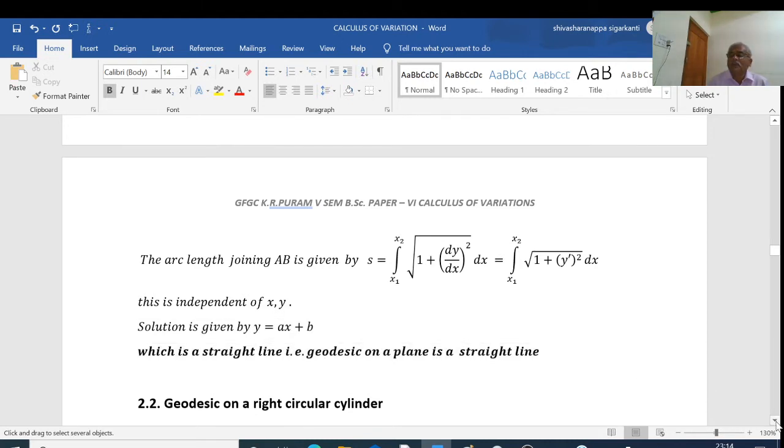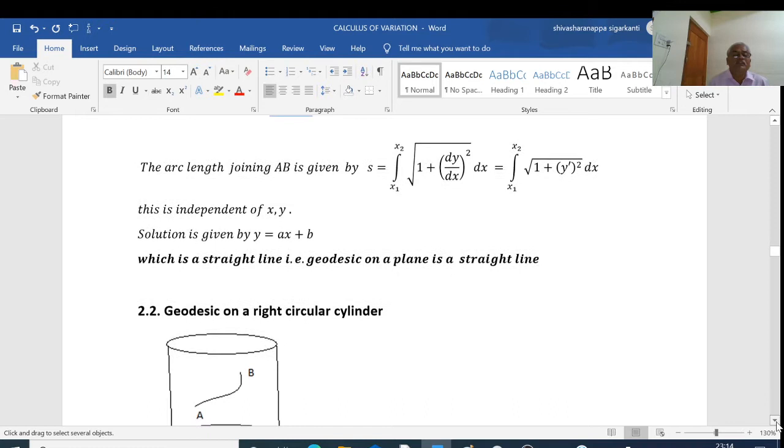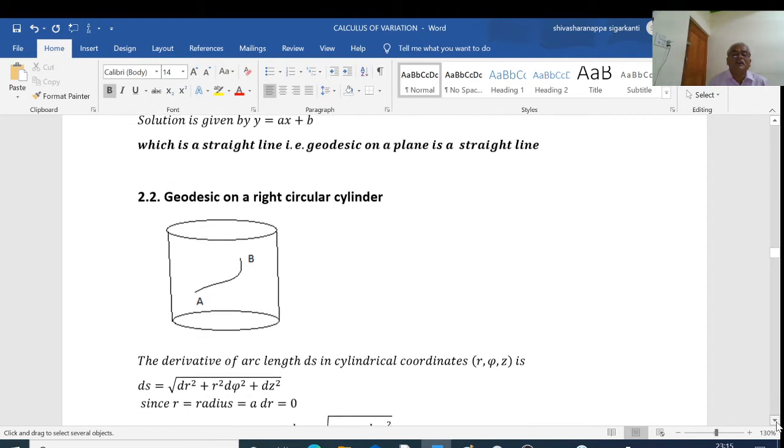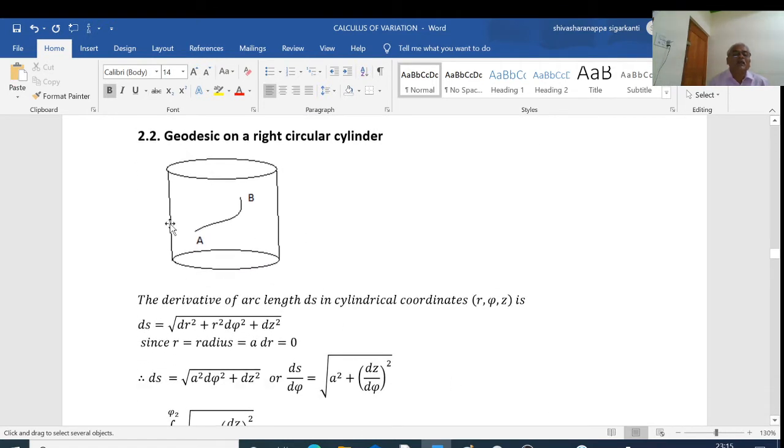Next, we find the geodesic on a right circular cylinder. Here, this is my right circular cylinder. A is one point, B is another point, and there is a curve joining these 2 points A and B. We know that the derivative of arc length ds in cylindrical coordinate system (r, phi, z) is given by ds equal to root of dr square plus r square d phi square plus dz square.